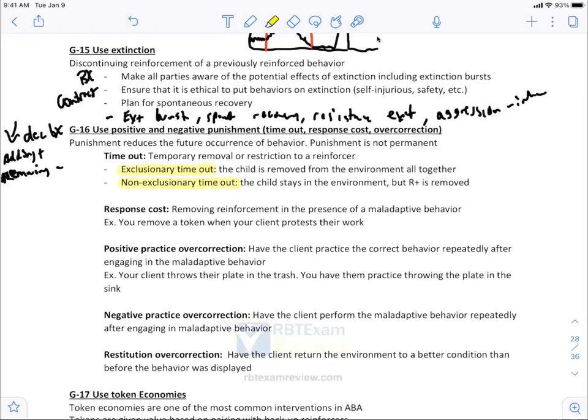Because all that matters is how it impacts the future behavior. However, for the basis of our task list, timeout is considered a punishment. Temporary removal or restriction to a reinforcer. So it doesn't always just mean removing the person. You might just have timeout from a video game or a candy, whatever it might be.